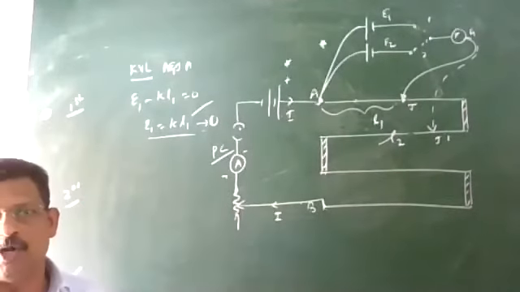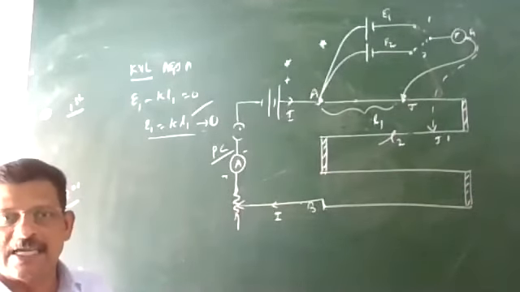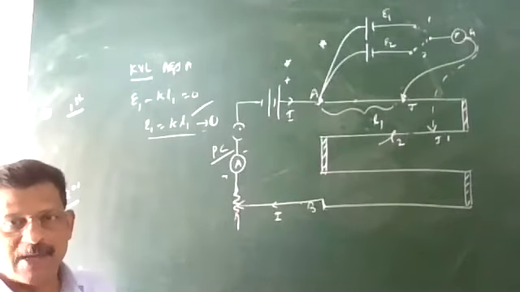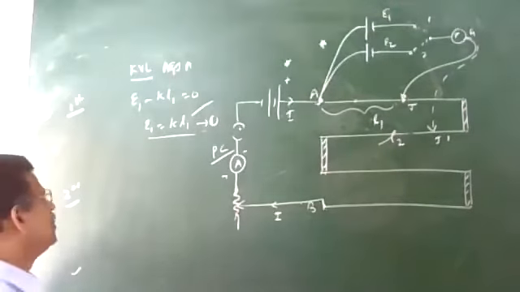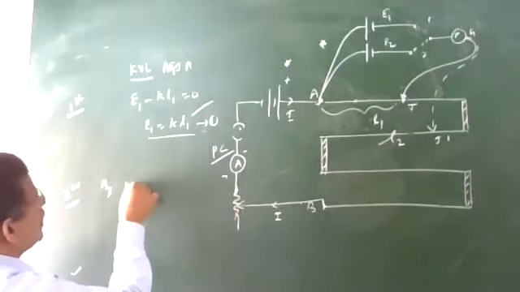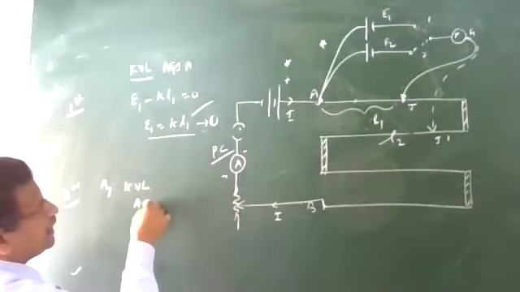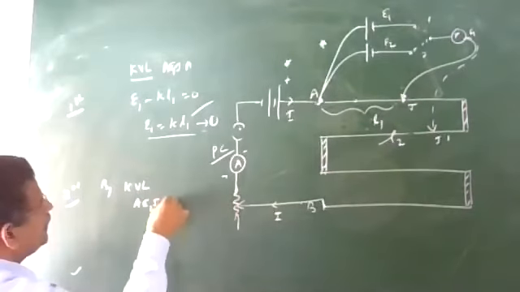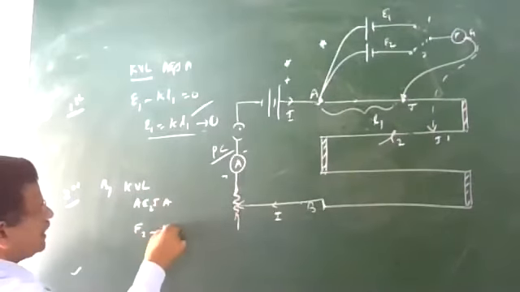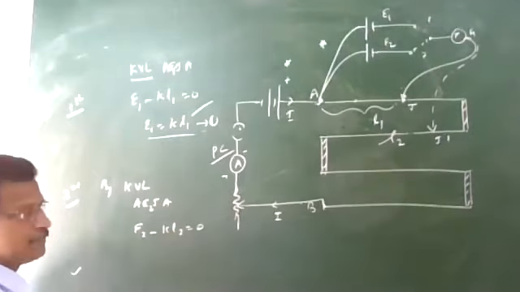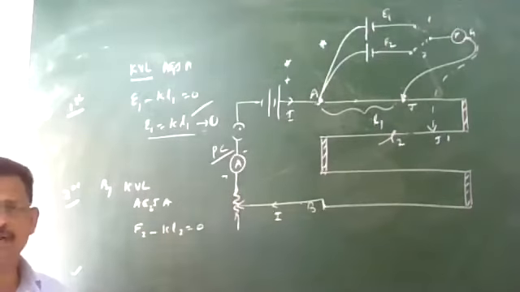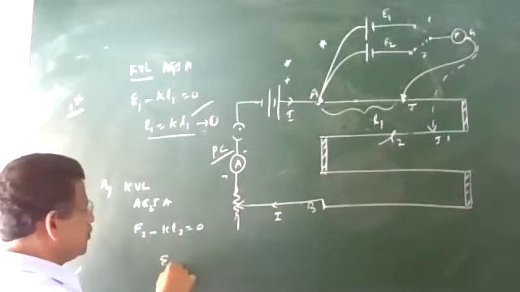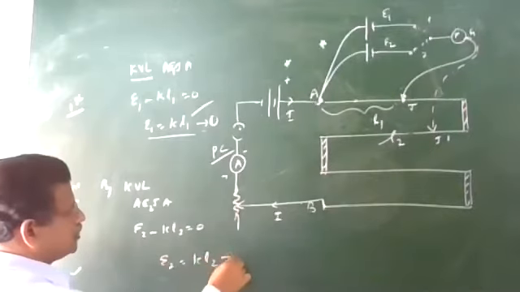So the PD between the points A and J' is K L2. That is balanced with the EMF E2. Again, by KVL, taking the loop A E2 J' A, E2 minus K L2 is equal to 0. Both are balanced.